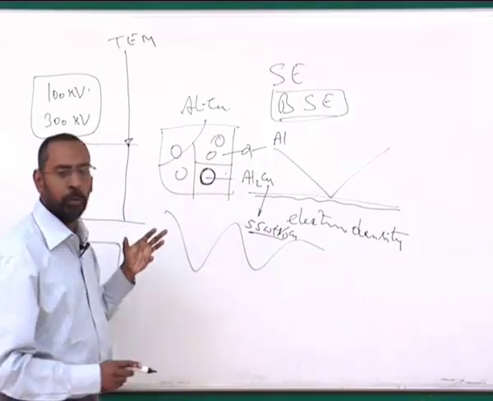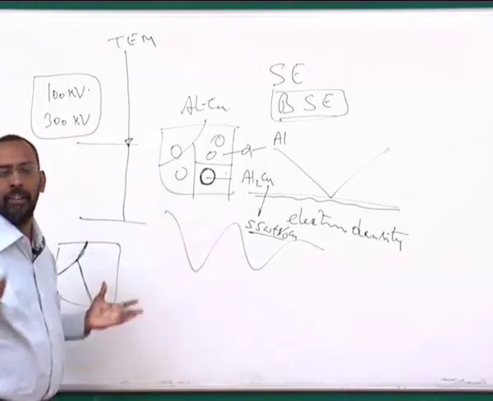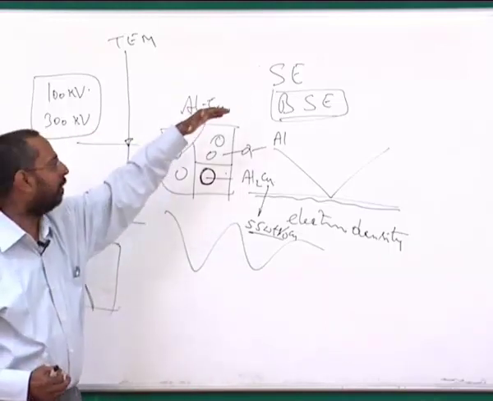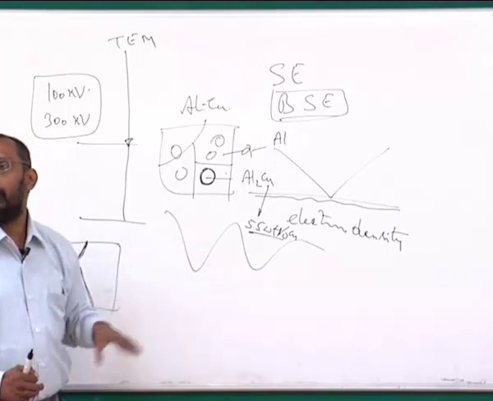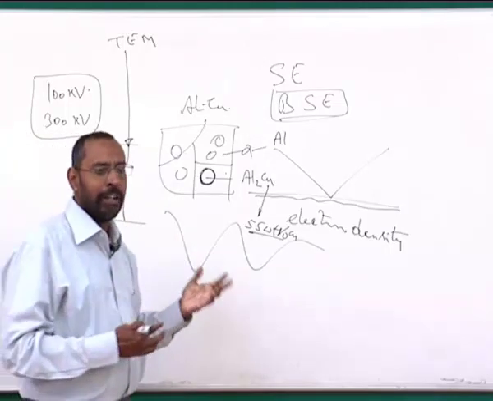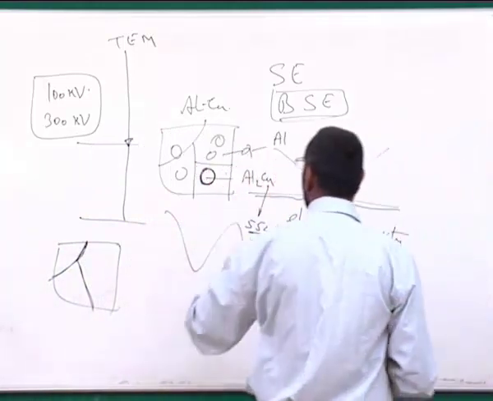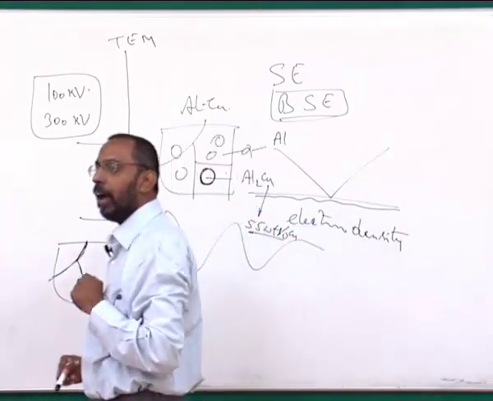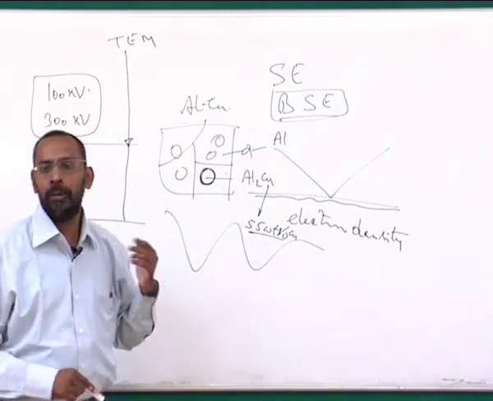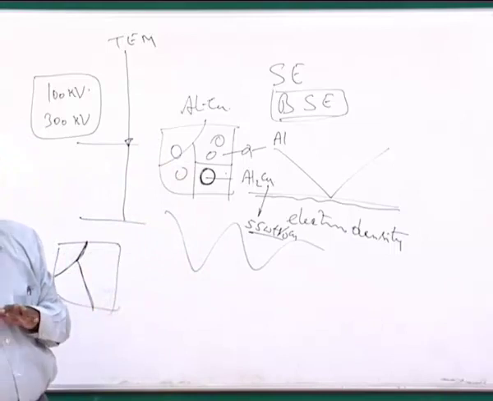So you will be able to know that all those regions which are looking brighter in a backscattered electron image will be those regions which have a higher atomic number. So if you have a material with elements having different atomic numbers, for example, this kind of a case, aluminum copper, you will be able to differentiate them. So this is a qualitative way, I would say.